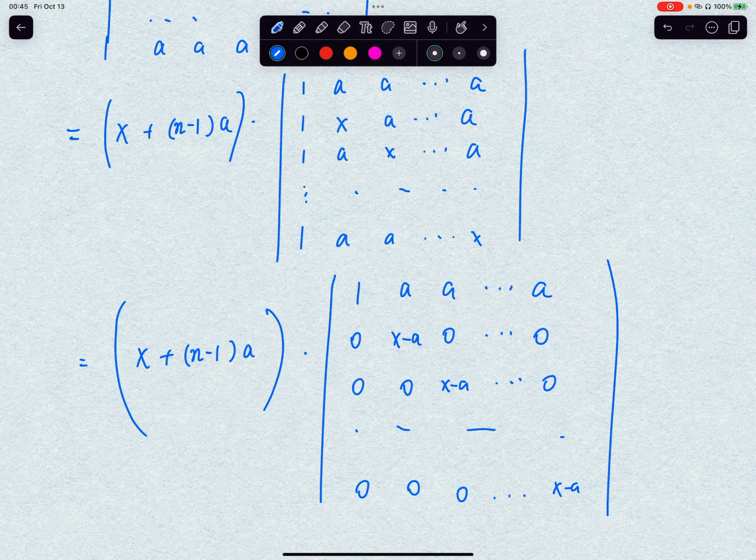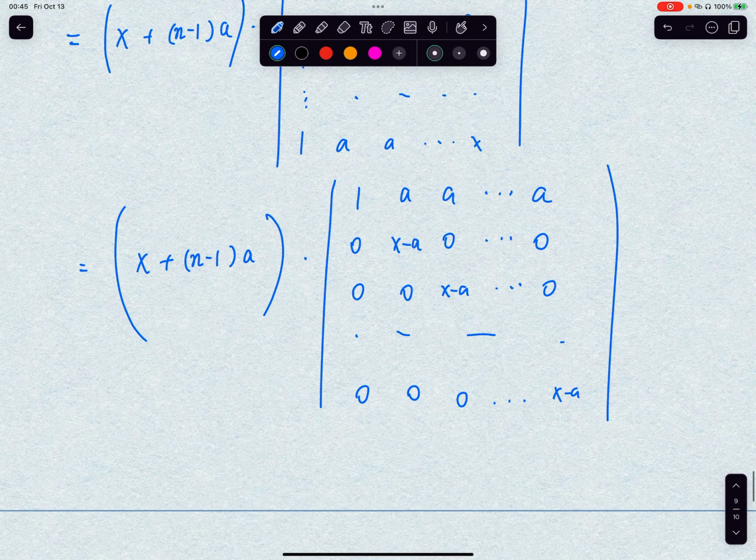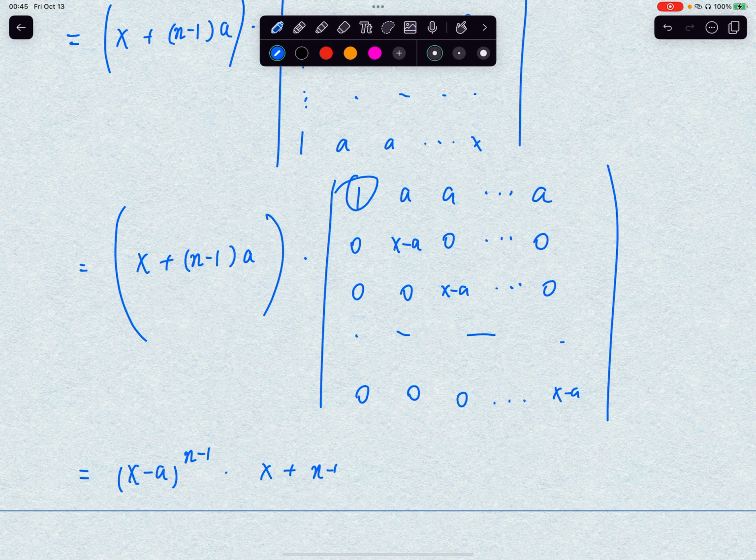So now we have successfully made everything except the diagonal zero. And since the first entry is 1, we have (x minus a) to the n minus 1 times (x plus (n minus 1) times a).